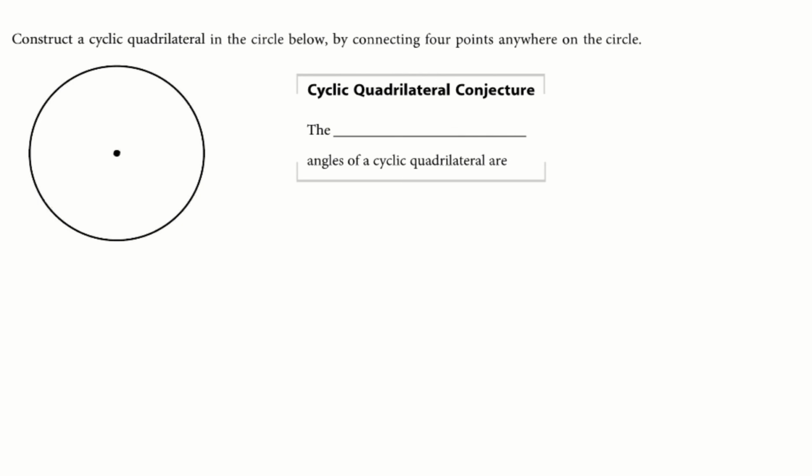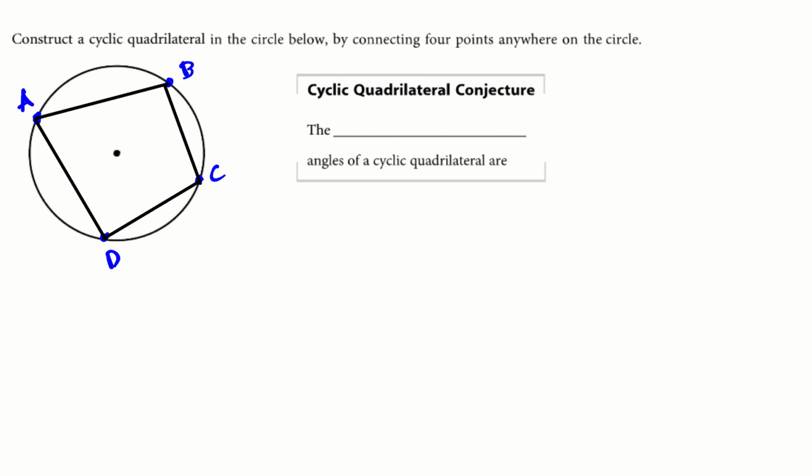Right, on this one, we are going to construct a cyclic quadrilateral. In order to get this done, we need to place four random points anywhere on this circle. Just anywhere is fine. Let's label them A, B, C, D. The next part is to connect these four. Use your straight edge, connect A to B, B to C, C to D, and then from D back to A. This quadrilateral, because it's inside of a circle and each vertex is on the circumference of the circle, is called a cyclic quadrilateral.